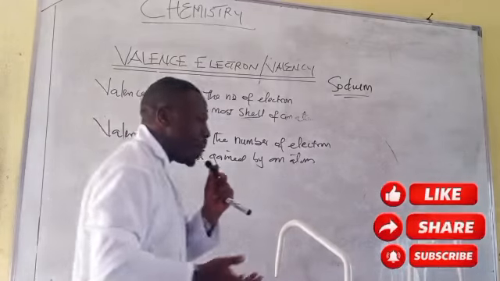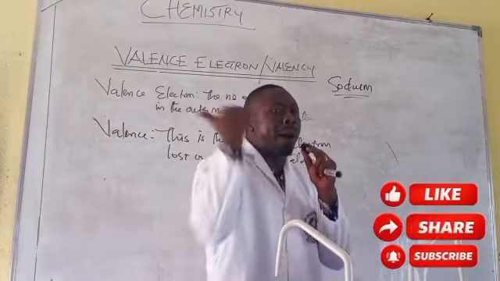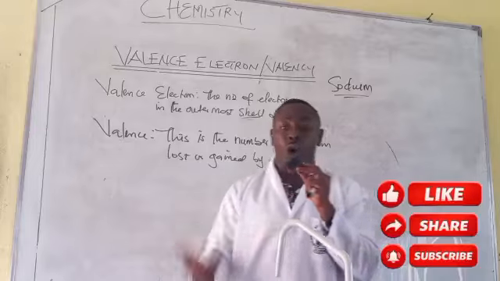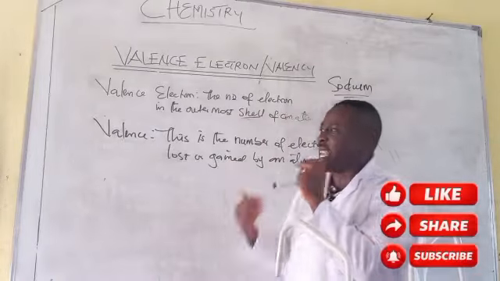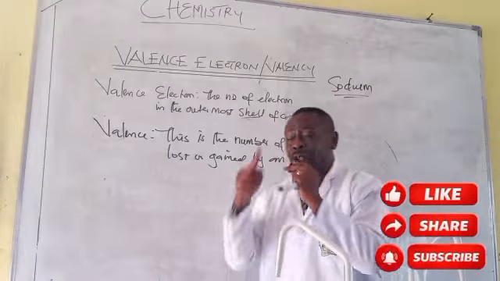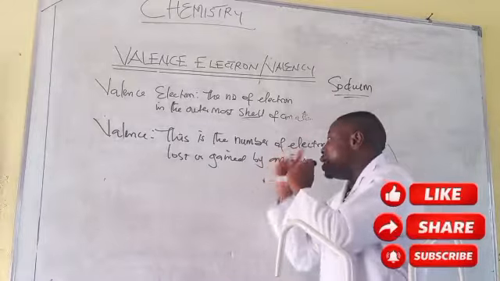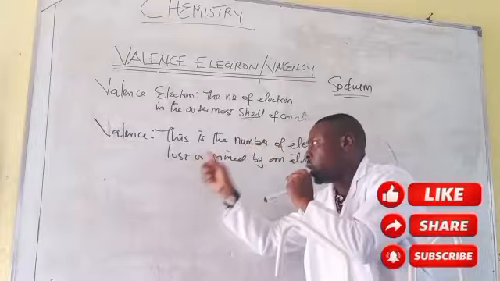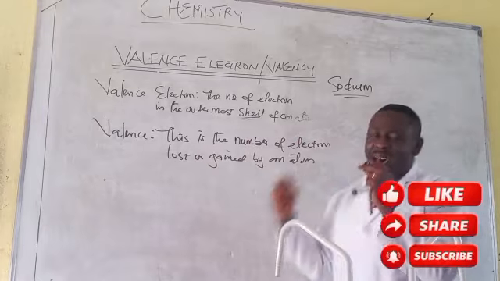But some textbooks will tell you it is the combining power of an element. Yes, that's also correct. We can say valency is the combining power of an element, or valency is the number of electrons lost or gained by an atom.